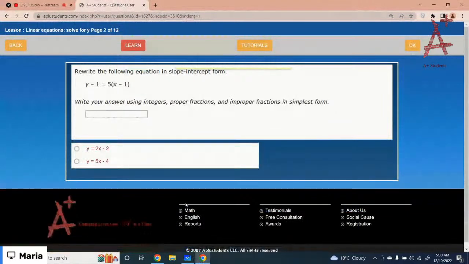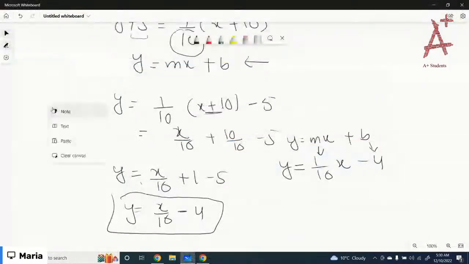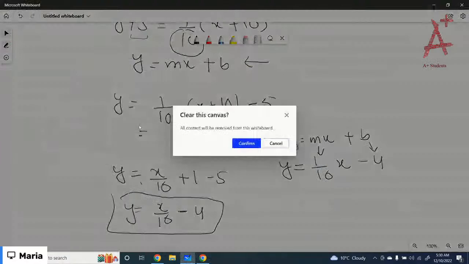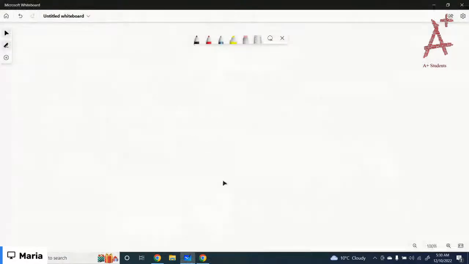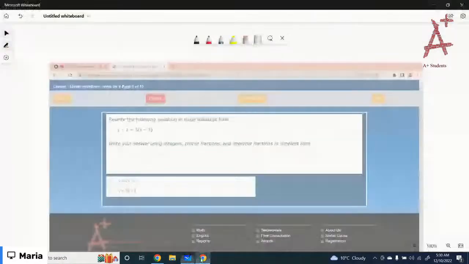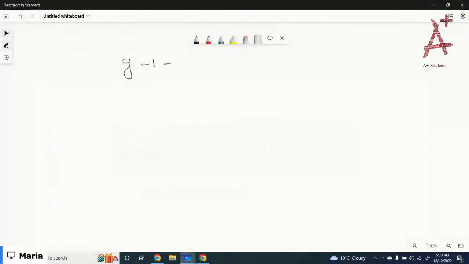Okay, for the next one, rewrite the following equation in slope intercept form. The equation is y minus 1 equals 5 times x minus 1. Just move that negative 1 to the other side. It would be y equals 5 times x minus 1 plus 1. Now let's multiply the 5 to the things inside the bracket.